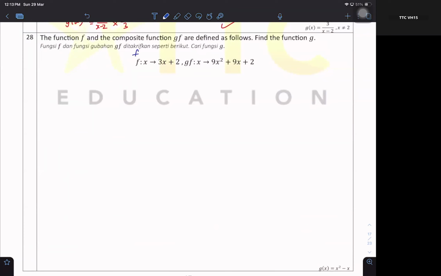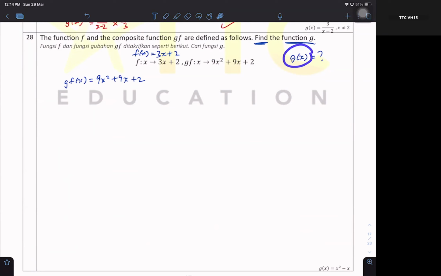Like the question gives us f(x) equals 3x plus 2, then g(f(x)) equals 9x squared plus 9x plus 2, and then asks you to find function g. So ask yourself, where is function g?